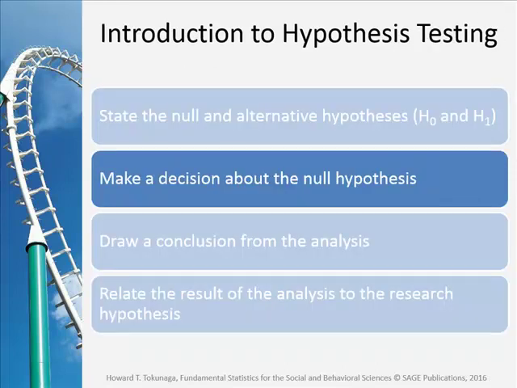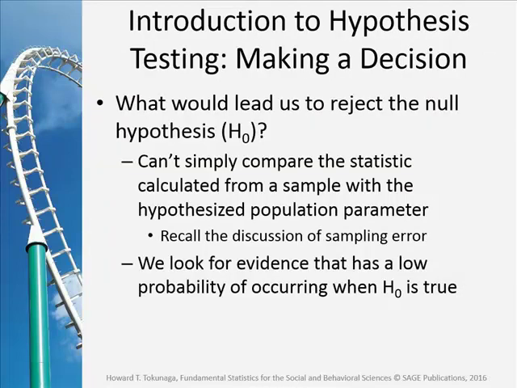The next thing you need to do is make a decision about the null hypothesis. Well, you're not truly making a decision about the null hypothesis. You're actually making a decision about the conditions in which you would say the null hypothesis is wrong. That is known as rejecting the null hypothesis.